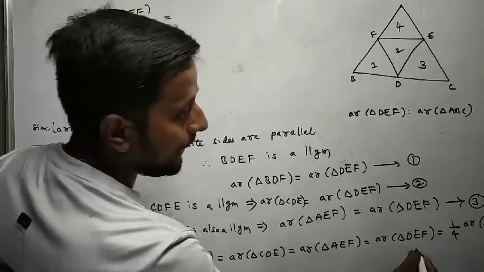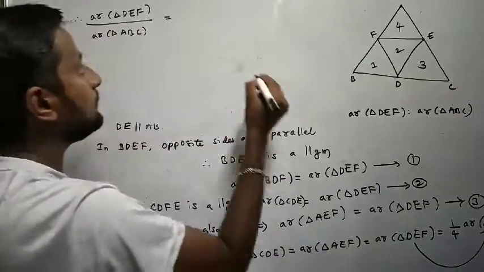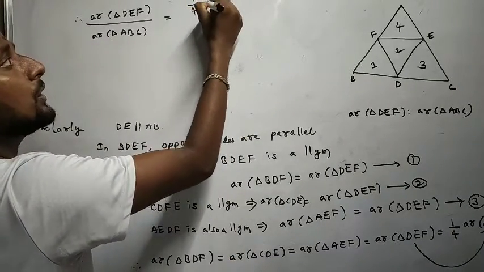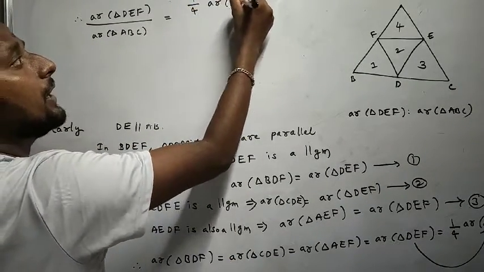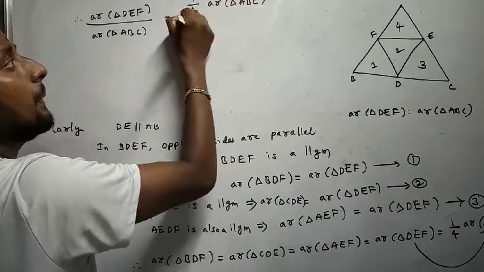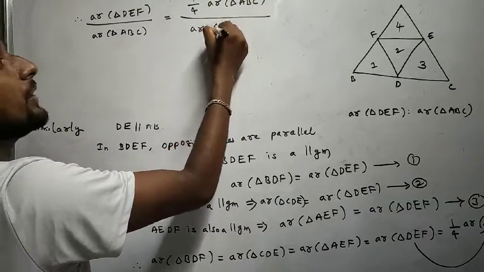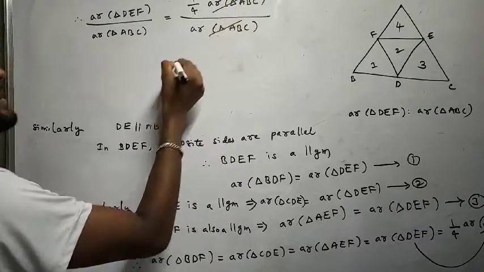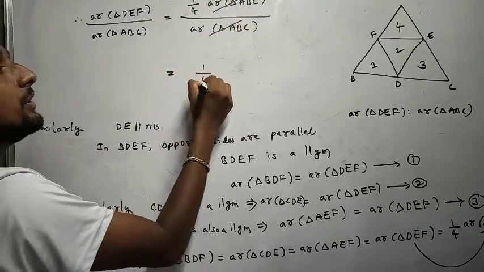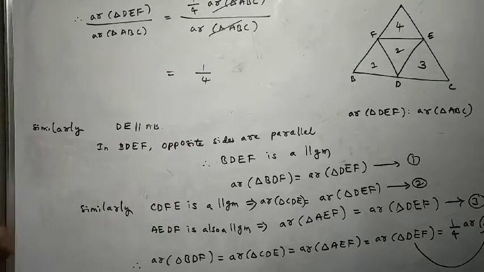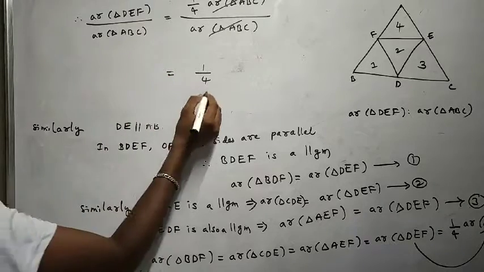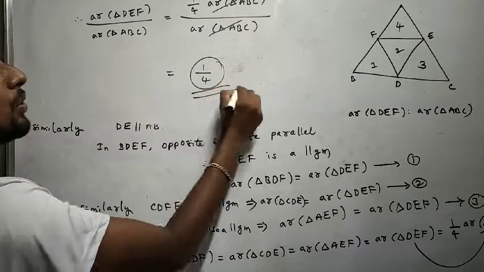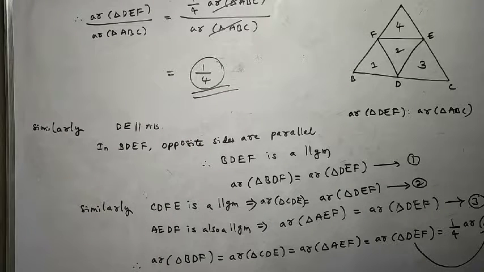So look at DEF, it is 1/4 of the area of triangle ABC, by the same area of triangle ABC. Yes, area of triangle ABC cancels. The ratio is 1 by 4. Correct? So we should find the ratio only, no? So overall the ratio of the two triangles is 1/4. Okay.